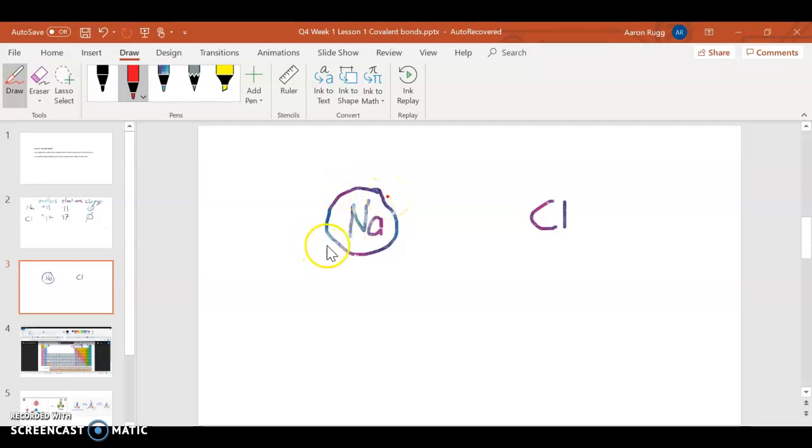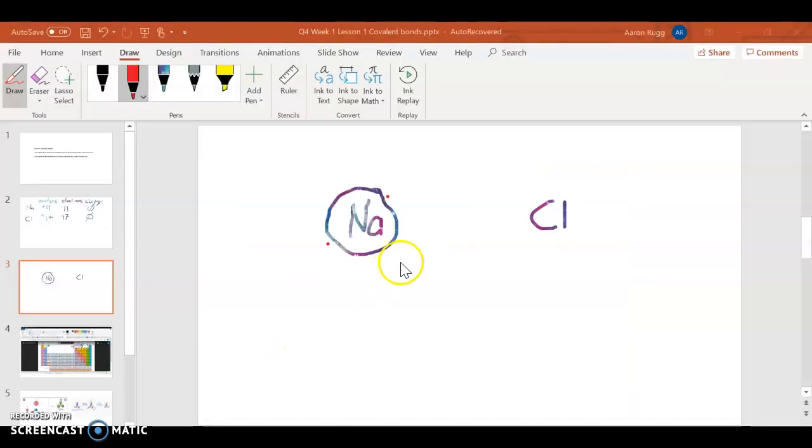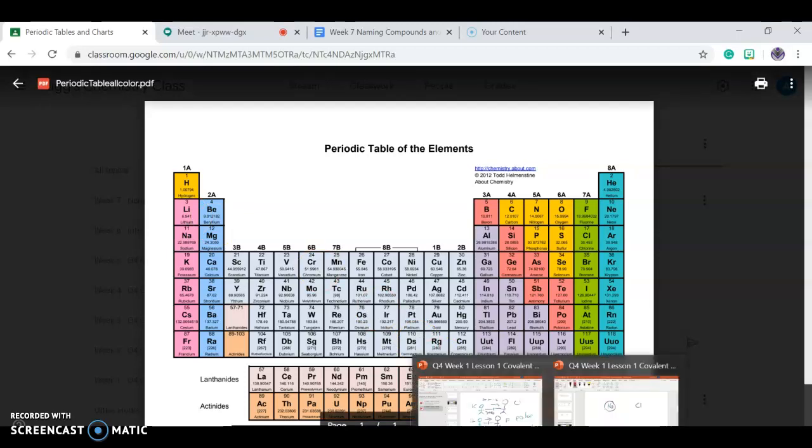1, 2. So that's one row. First row, first energy level. Let's look at the second row. In the second row, we add another energy level.